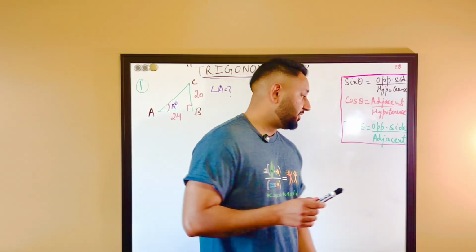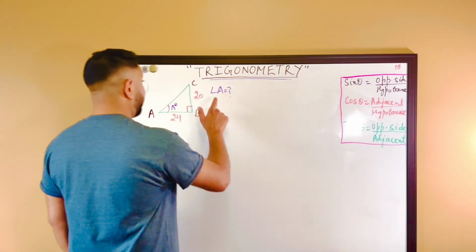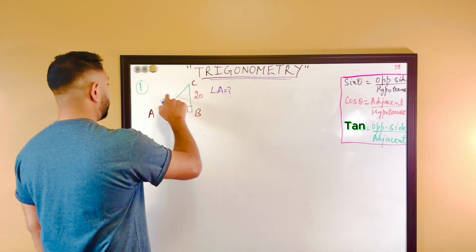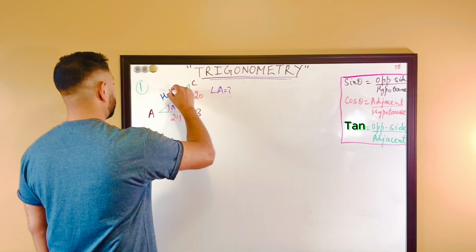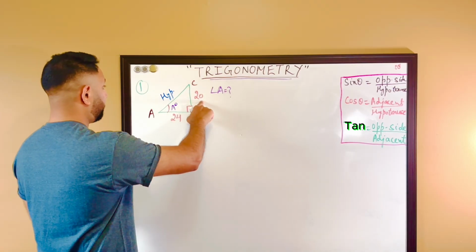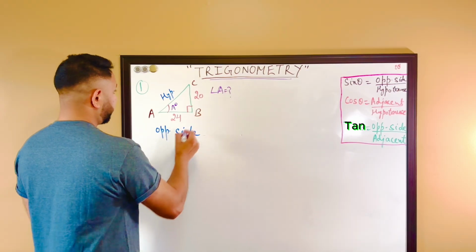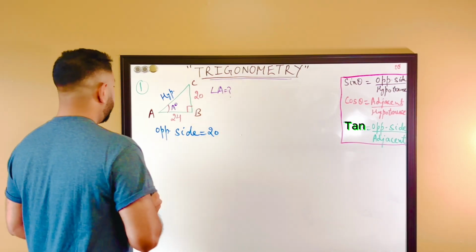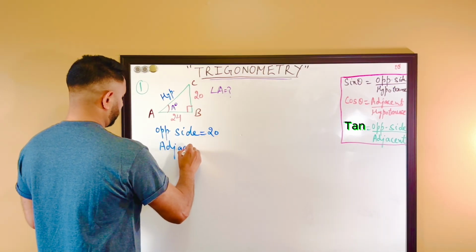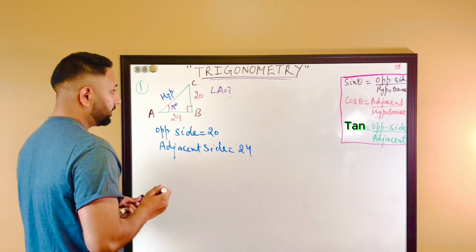So our first example is, we are given this right angle triangle and we need to find out angle A. The side opposite to the 90-degree angle is the hypotenuse, and the side opposite to angle A is the opposite side, which is given to us as 20, and this is the adjacent side, which is 24.